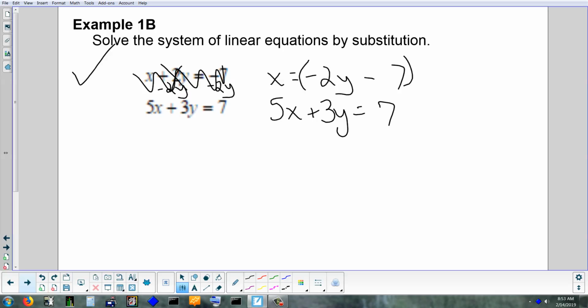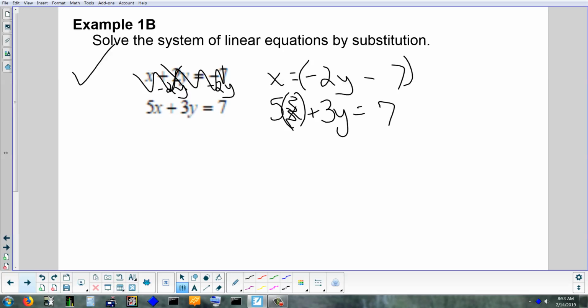Which variable in the top is isolated, meaning by itself? X. So what do you think I should put parentheses around in the other equation? X. Where's X? The 5x, right? I'm going to put parentheses. What I like to do is, you don't have to, I like to cross it out. That way I know there's going to be no X there. Now I'm ready to substitute.